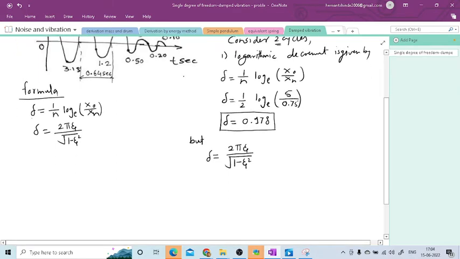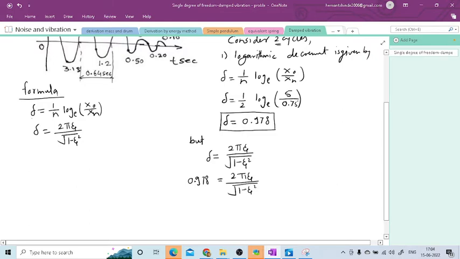So we'll solve for this one. Put the value of delta, that is the logarithmic decrement, 0.978 is equal to 2 pi zeta divided by root 1 minus zeta square.